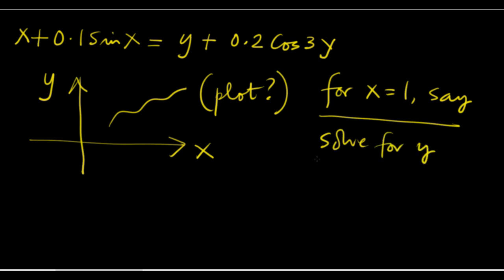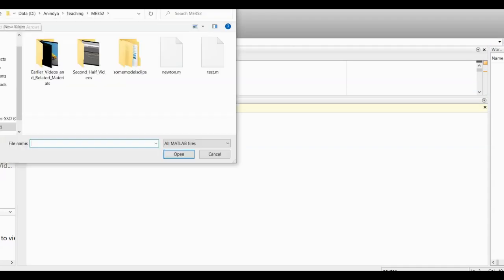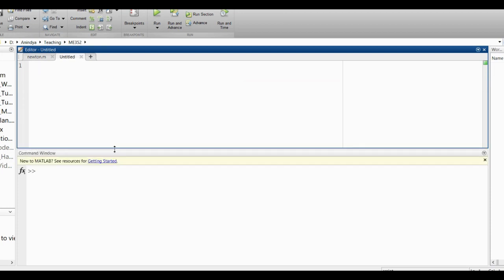You can solve it for y using Newton-Raphson. So let me go to Matlab, open, cancel, new, here's a new file.